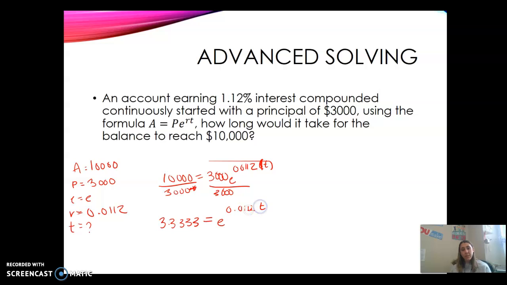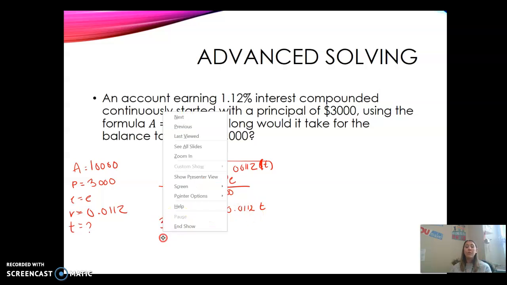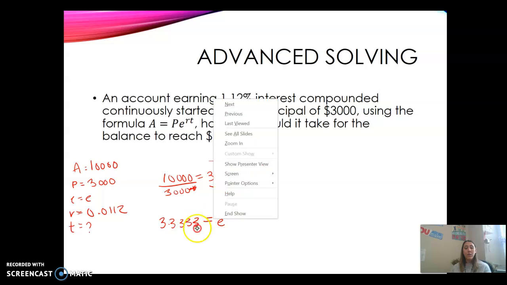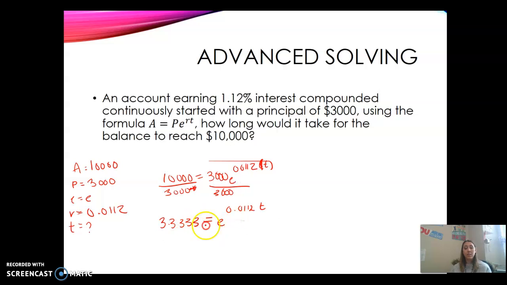Okay, so now I have a base raised to some unknown power is equal to a number, which is what I wanted. Whenever I can, I want to use this form so I can use log to solve for it. And I have an e, so I'm going to use natural log. So I am going to take the natural log of 3.3333, and that's going to be equal to the natural log of e to the 0.0112 times t.